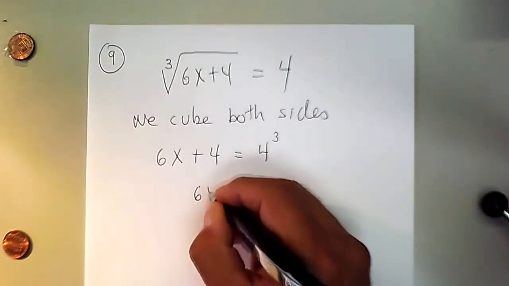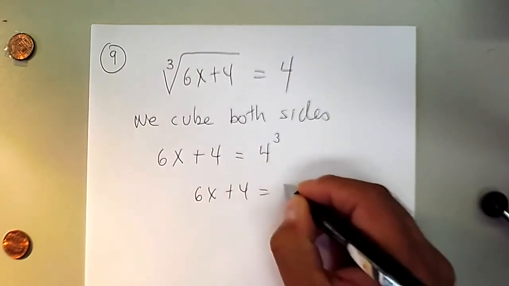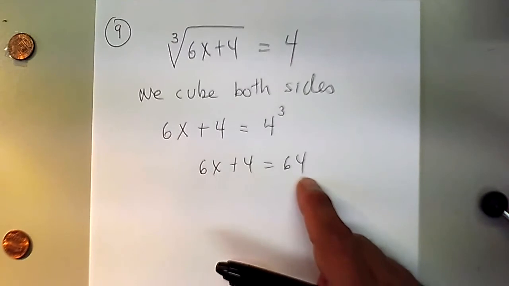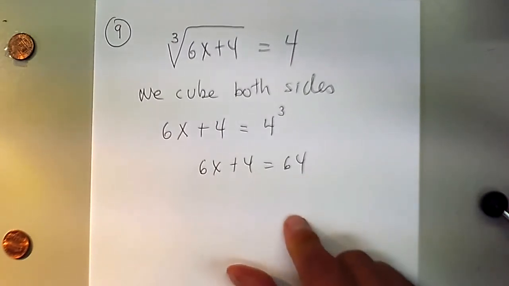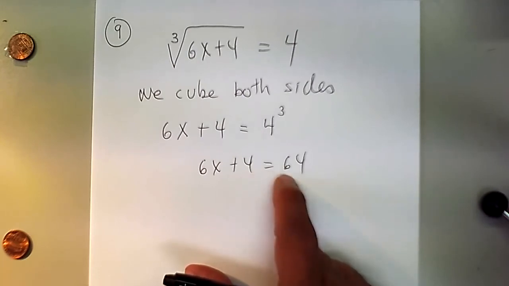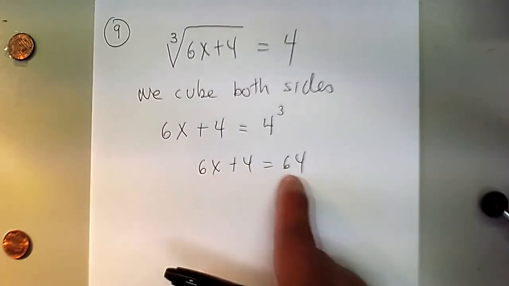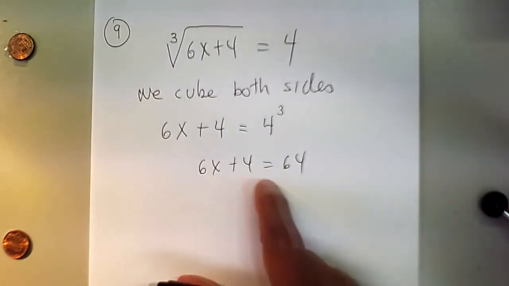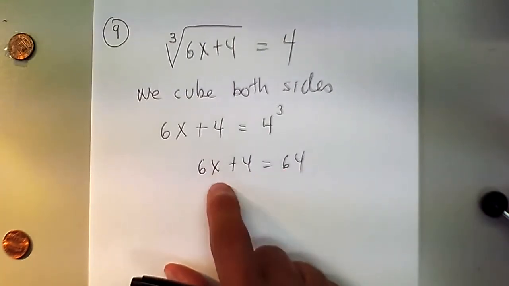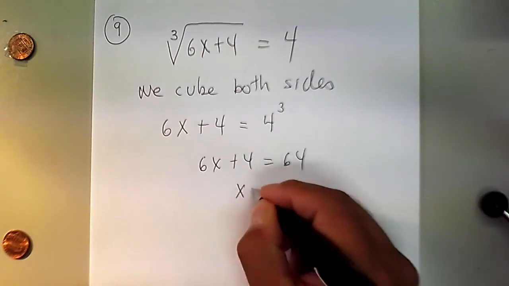So 6x plus 4 equals 64. And from there, the solution dominoes very, very quickly. Because subtract 4, I mean, you can almost see what's going on. Just take away the 4 and you get 6x equals 60. 60 is the same thing as 6 times 10. So x has to be 10.